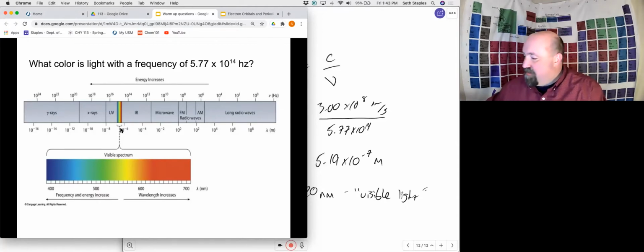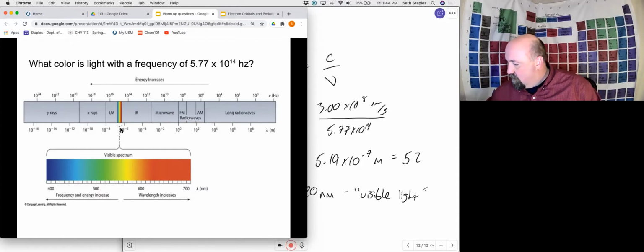It's going to be easiest for us to convert this over to nanometers. So we multiply 5.19 times 10 to the negative 7th by 10 to the 9th. That's our conversion to nano. That gets us to 520 nanometers.